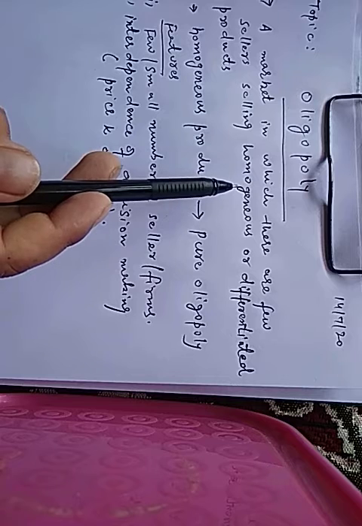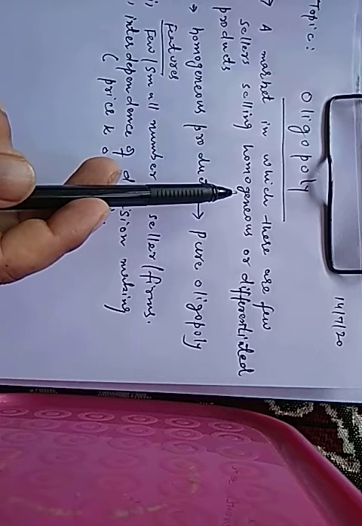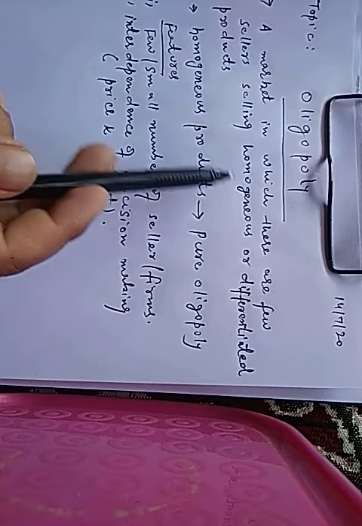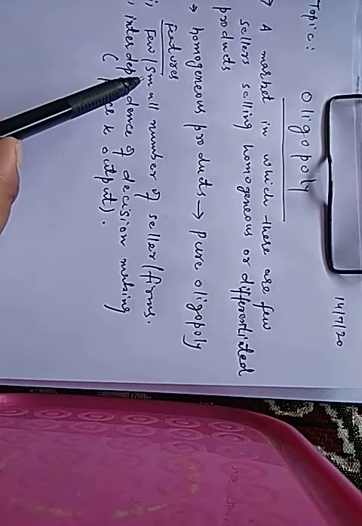They cannot take independent decisions to charge different prices because it will affect their sale, because when the product is homogeneous and on the other hand there are few sellers, small number of sellers, the customer will shift from one seller to other seller. In that case there will be loss to the seller, to the firm.